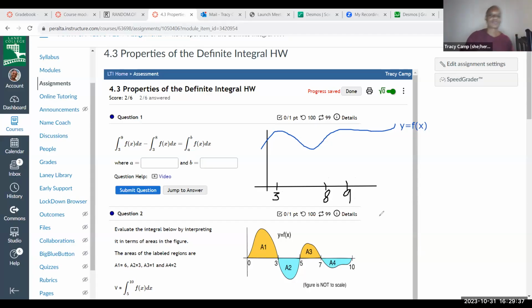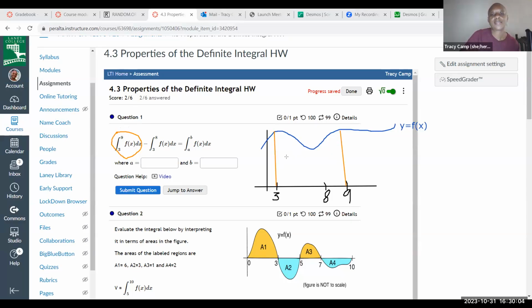Okay, so the definite integral from 3 to 9, that I will color in orange. So here we're going from 3 to 9.